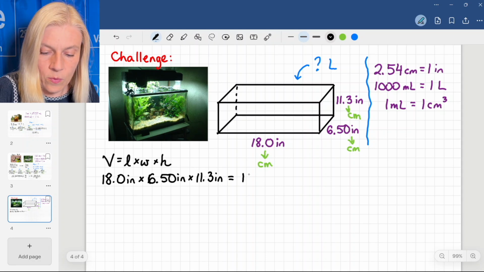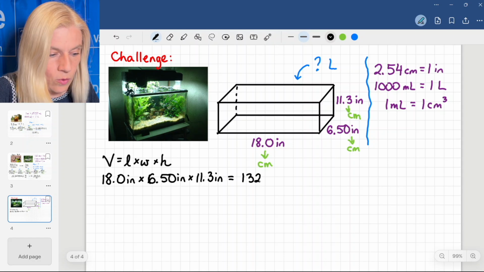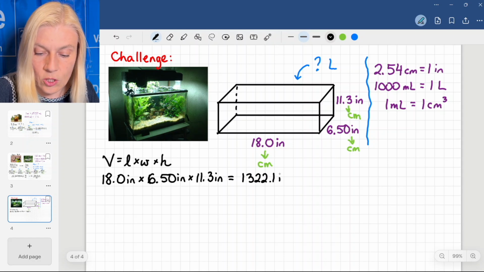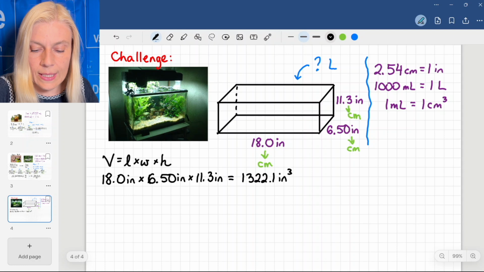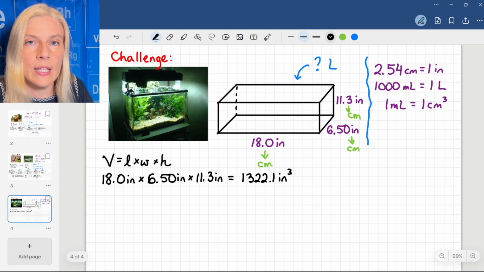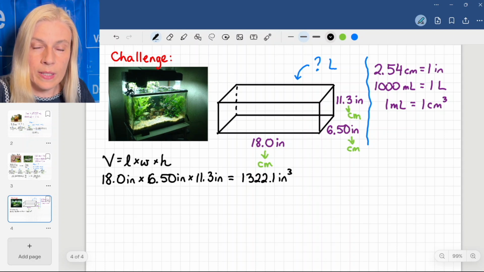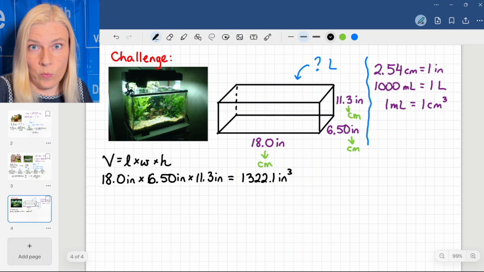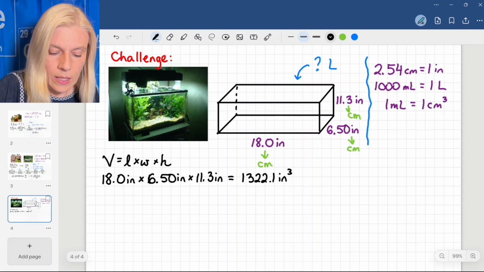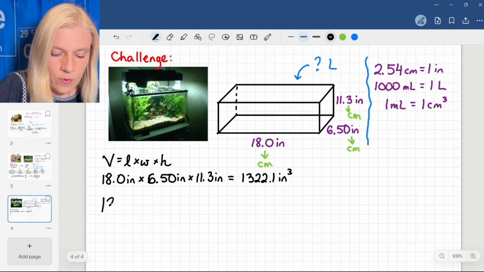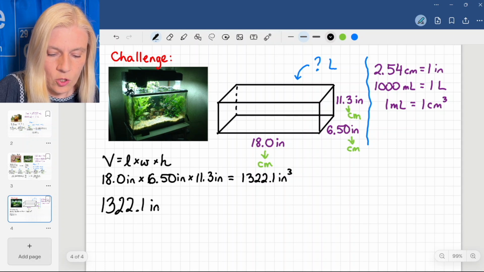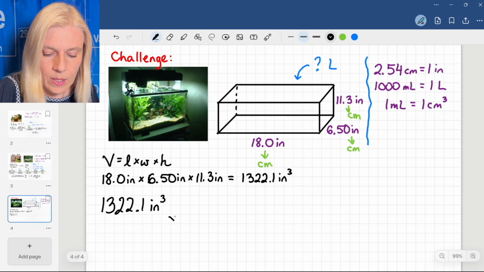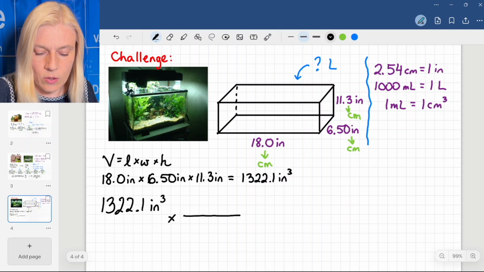I'm going to have 1,322.1 inches cubed. And you say sig figs. Hold on, let's leave sig figs last. We will worry about sig figs last. So I'm going to keep this number in my calculator. This is my volume in inches cubed, right? And now let's change it to centimeters cubed.